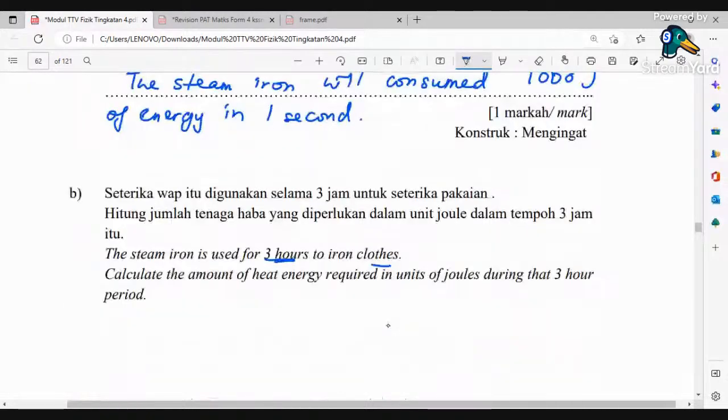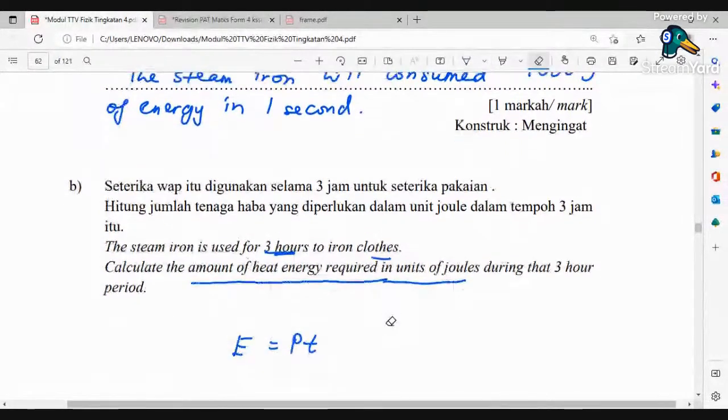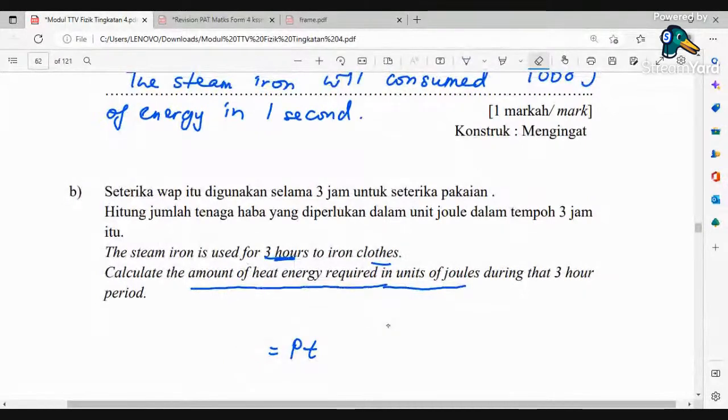Bagaimana I calculate amount of heat required in units of joule heat. Okay, so kita akan guna formula ni. E equals to PT ataupun Q formula ya. Q lah sebabnya heat energy, so biasa guna Q. Okay, kita guna Q. Q equals to PT, 1000 multiply 3 hours, 3 hours convert to second.